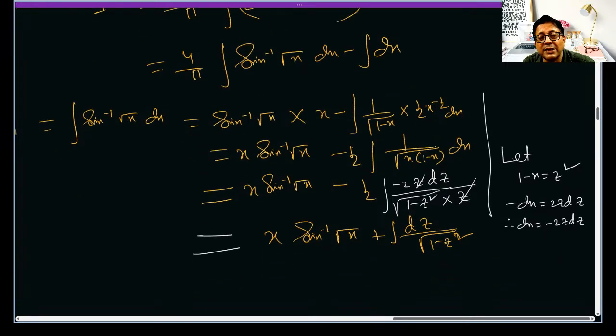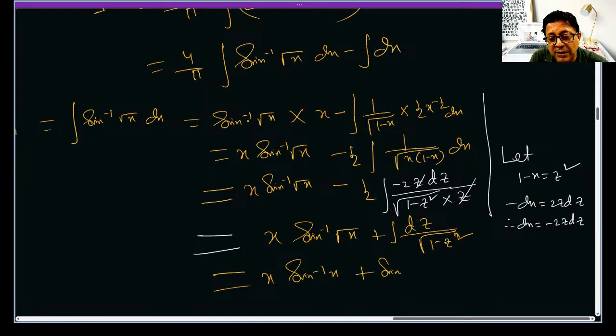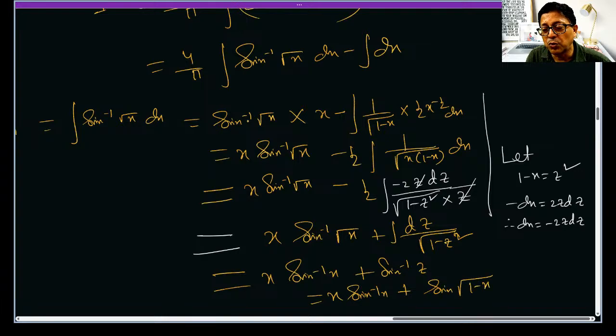dz by root 1 minus z square. So this changes to x sin inverse root x plus sin inverse z, and z is root 1 minus x. So here you just substitute what you got there, 4 by pi.